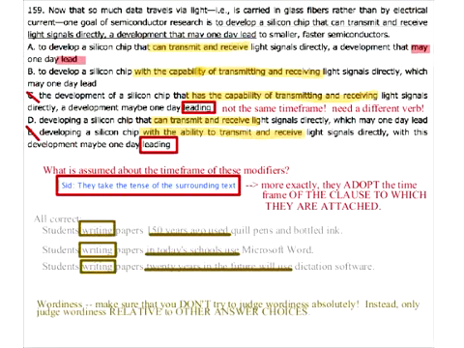So for instance, if you look at the yellow parts, it should be clear that can transmit and receive is better than with the capability of transmitting and receiving. And same thing with has the capability of transmitting and receiving. You might not pick those out as wordy by themselves, but in comparison to choice A, they're definitely clumsy and sort of cumbersome. Okay.